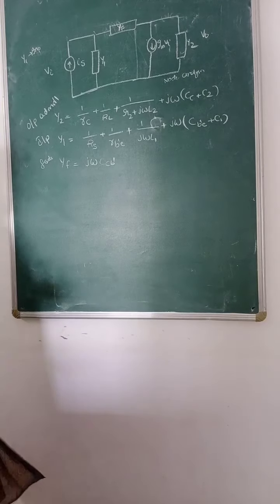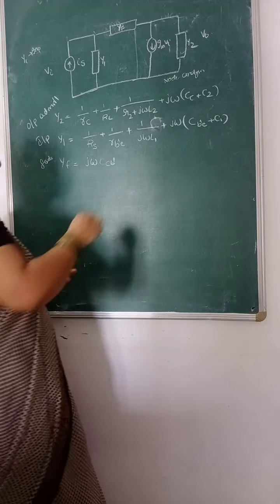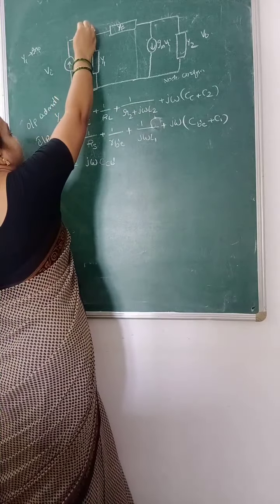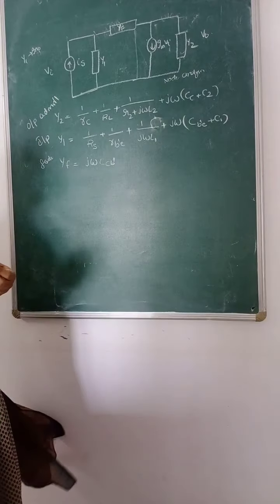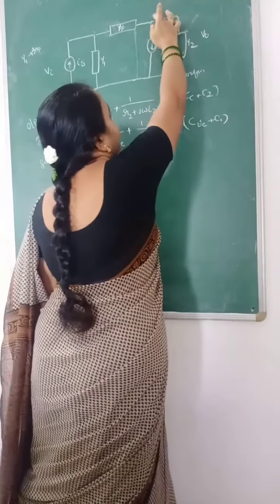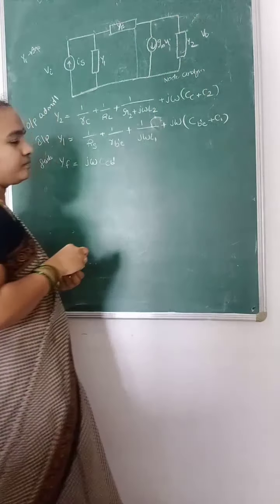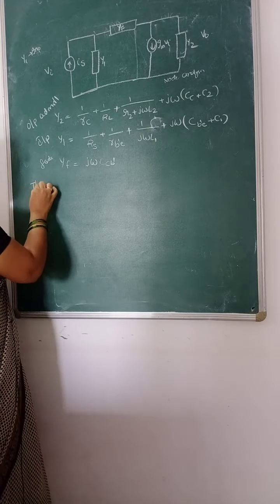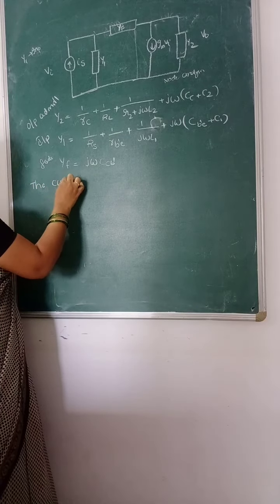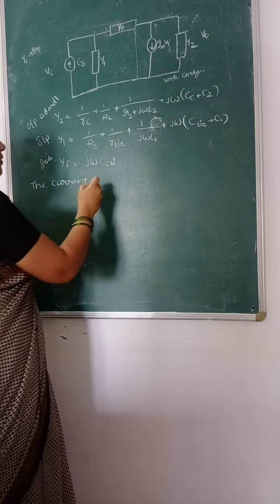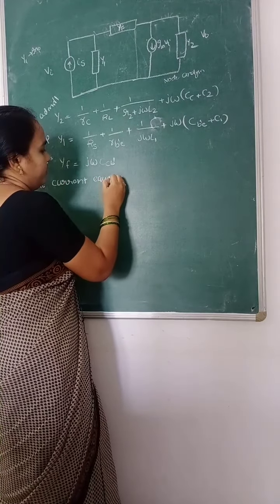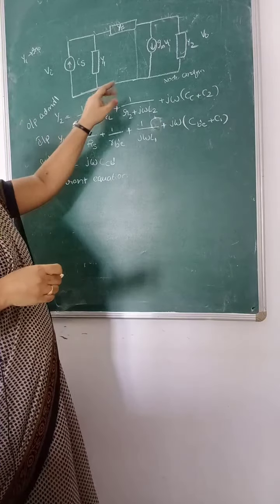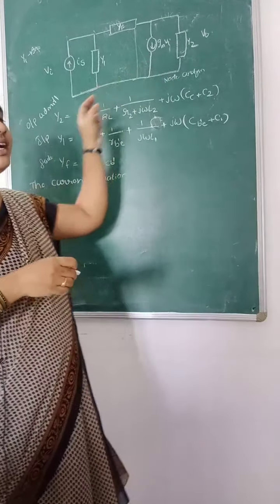What is the voltage gain here? This is the input circuit and this is the output circuit. Let I1 be the current passing through the input circuit and I2 be the current passing through this closed circuit. Then the current equation for the output circuit involves the elements Y2, Y1 and Yf.